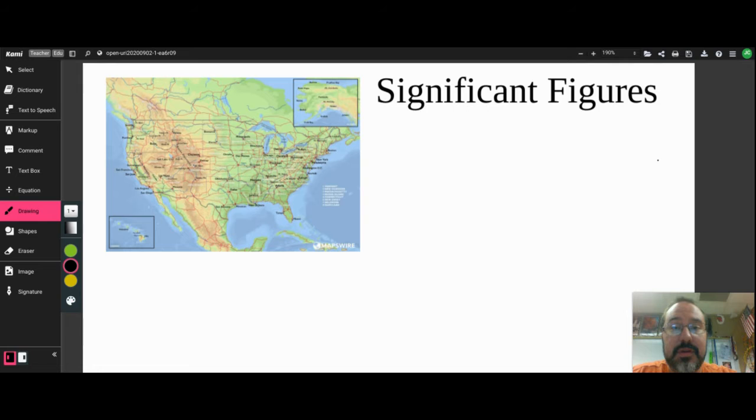Dating way back in time, we use significant figures because when we were doing hand calculations, we had to be very, very cautious that we didn't keep adding decimals from one calculation to the next to the next. Now with computers and with calculators, we are making many more calculations at one time.